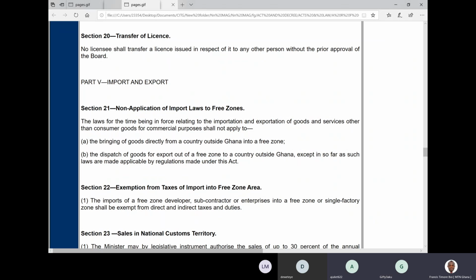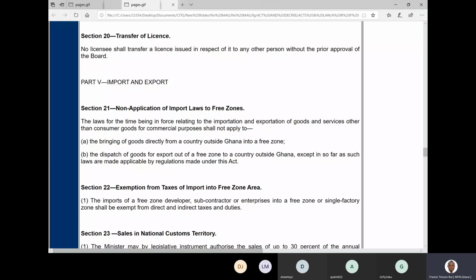Okay. Let's continue. B. The dispatch of goods for export out of a free zone to a country outside the Republic. If you are exporting, you don't go through the export documentation and processes.